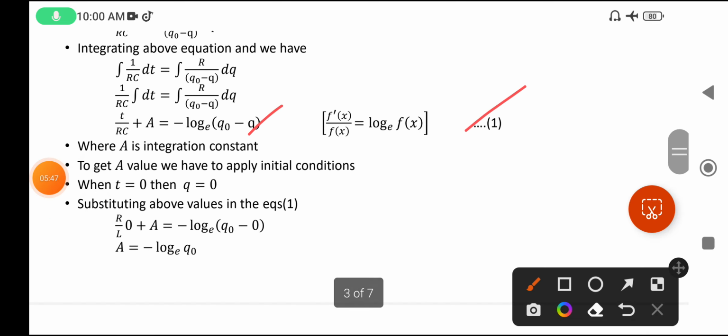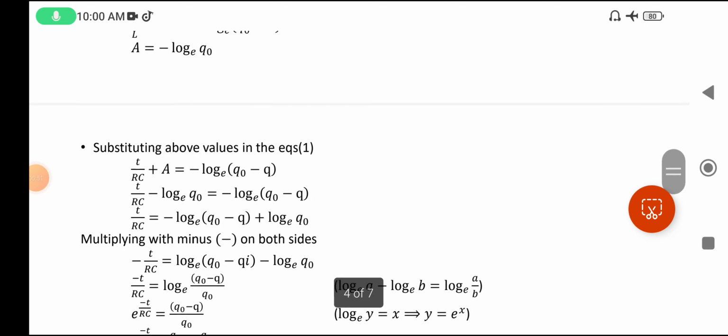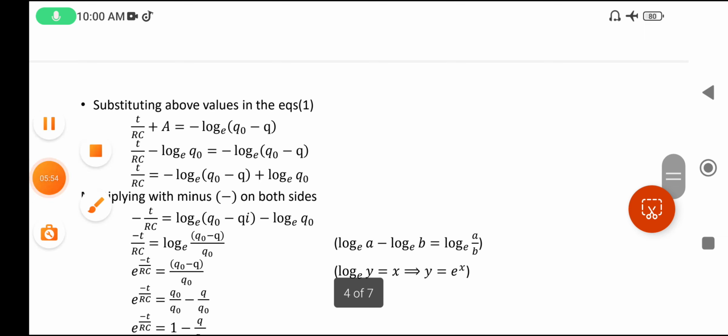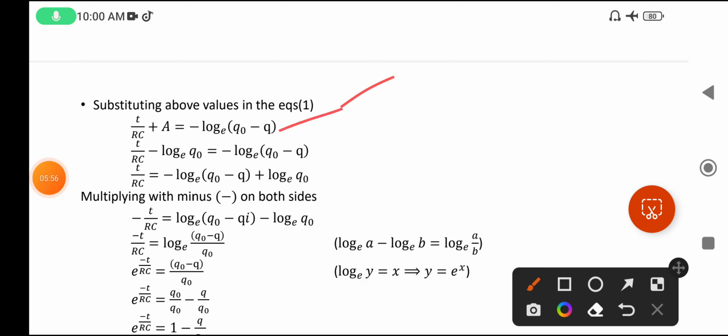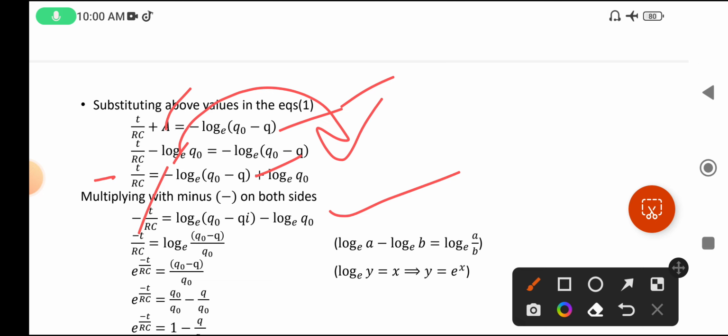Now the equation becomes like this. Multiplying both sides by minus, minus becomes plus, so like this.